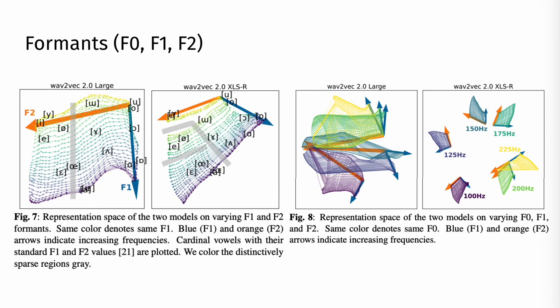XLS-R uses, to my knowledge, data like YouTube, so the data is not speech only, and there is lots of noise inside it, unlike the original wav2vec 2 model, which uses audiobook data. So the original model has only heard clean male and female voices, so the representations come quite close to each other, the male ones and the female ones, unlike the right one, the XLS-R.